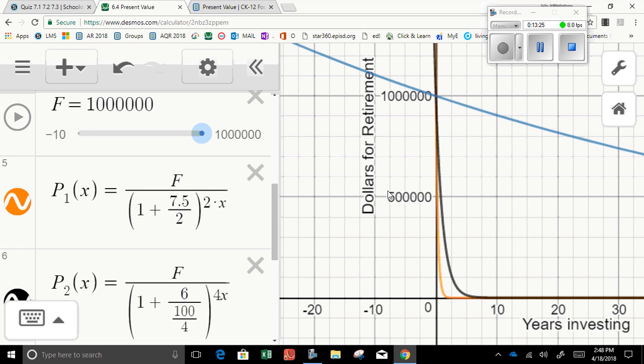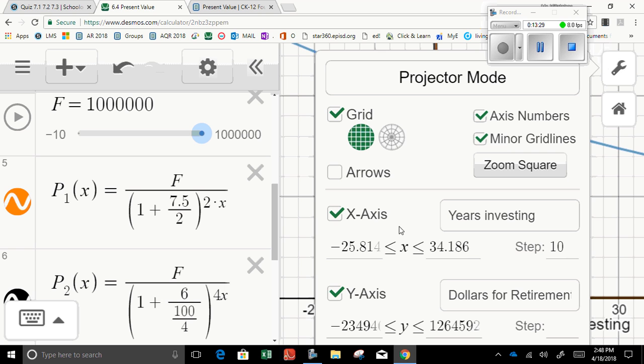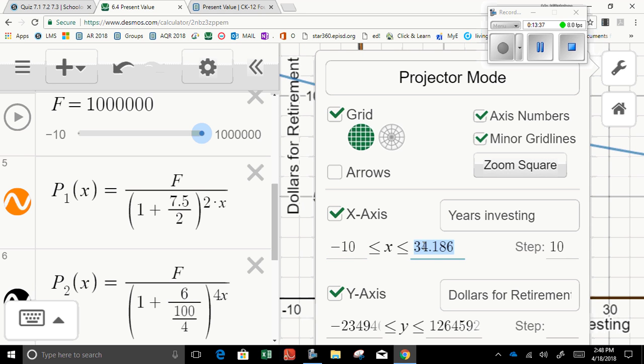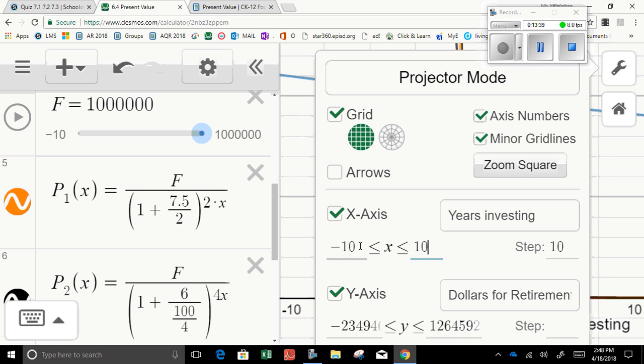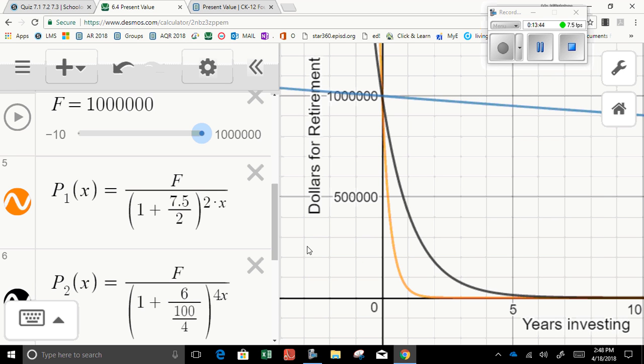So I don't like the scale here. Is there any way I can fix it? What if I do negative 10 and 10? Or make this 5? I'm just guessing. Trying to see if I can see this better.